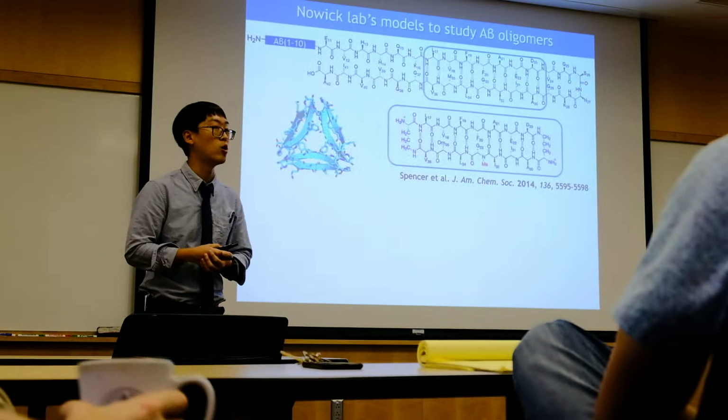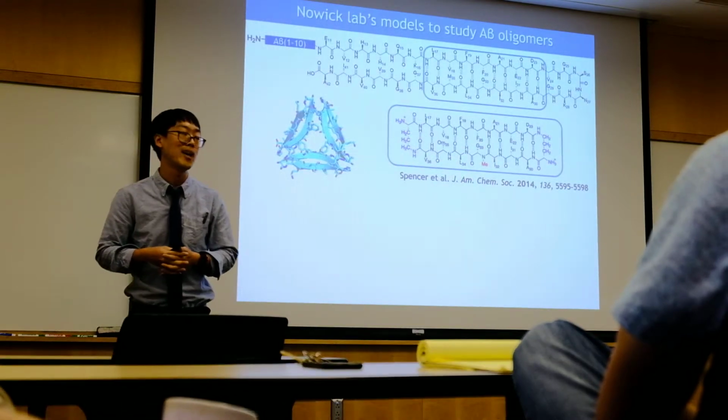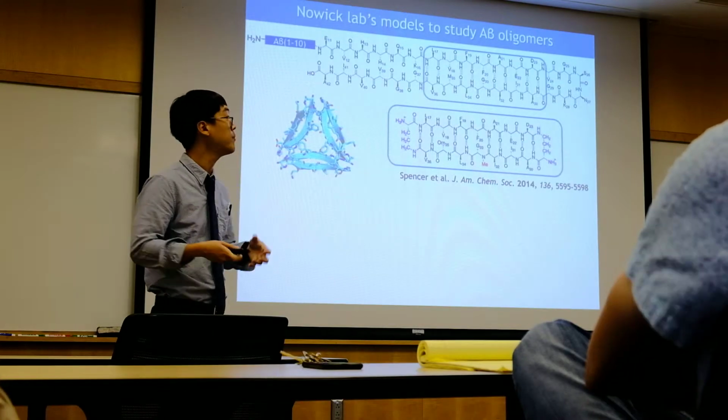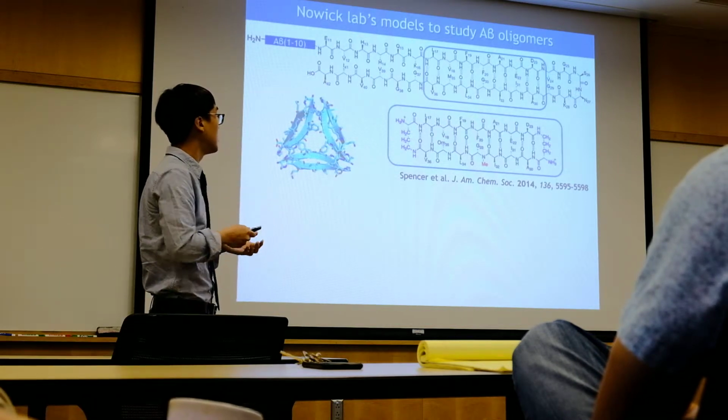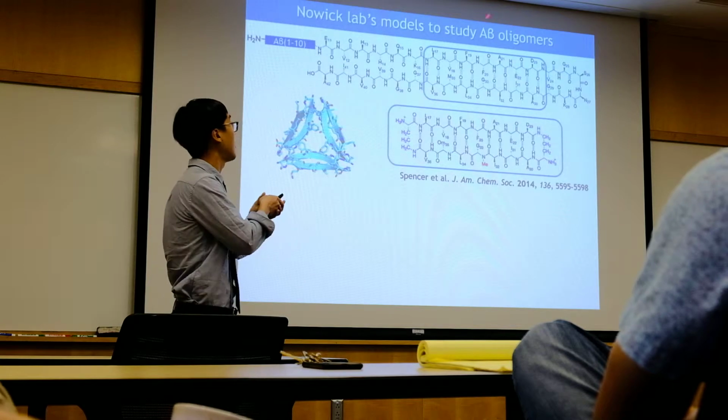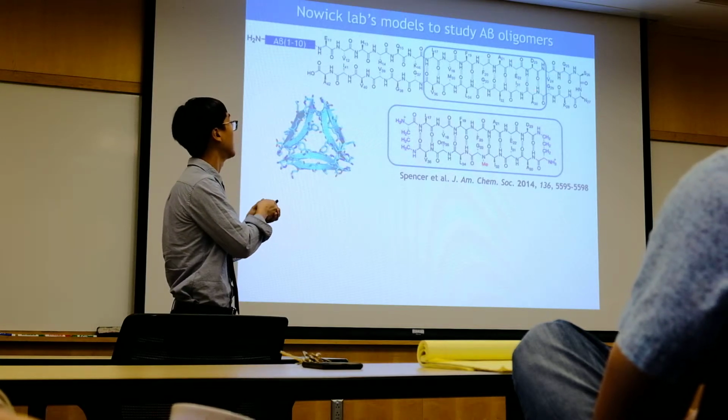So to approach this difficult problem, the Nowick lab has developed this chemical model system where, for example, this one macrocycle templates the beta hairpin part of this Abeta sequence here.